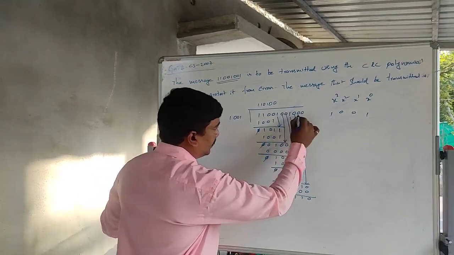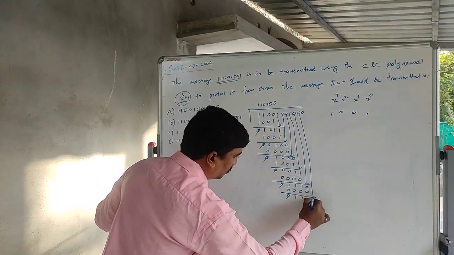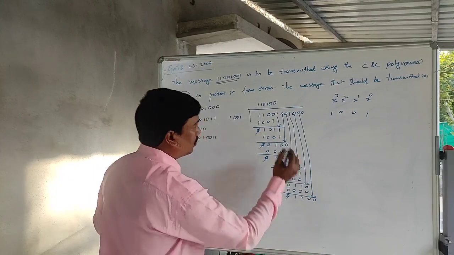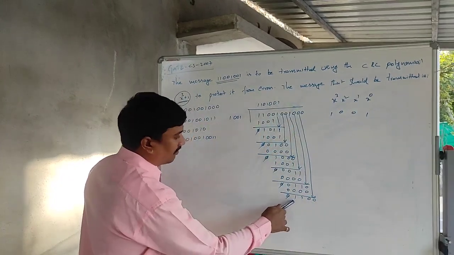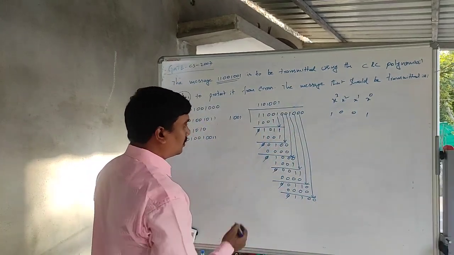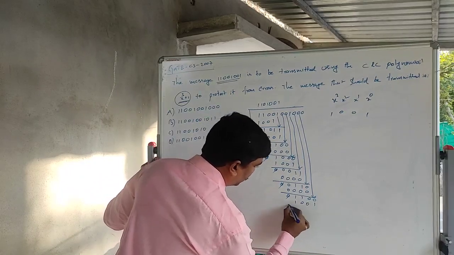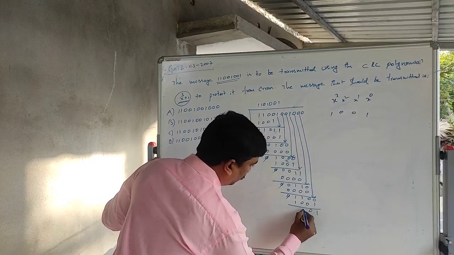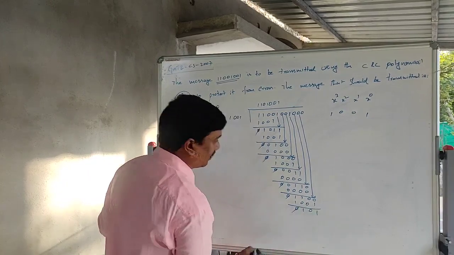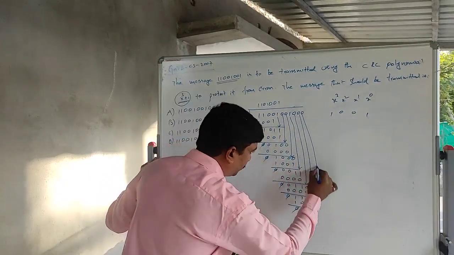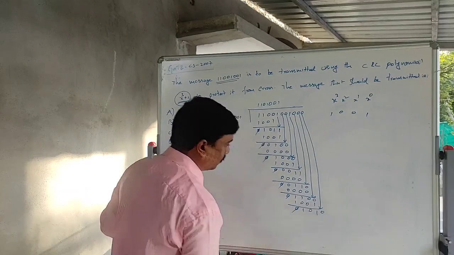Cancel it, then put down the 0, one time, because the leftmost bit is 1, that's why one time 1001, right, 1 0 1 0. Cancel the leftmost bit and 1 bit should be put down, 0, right.